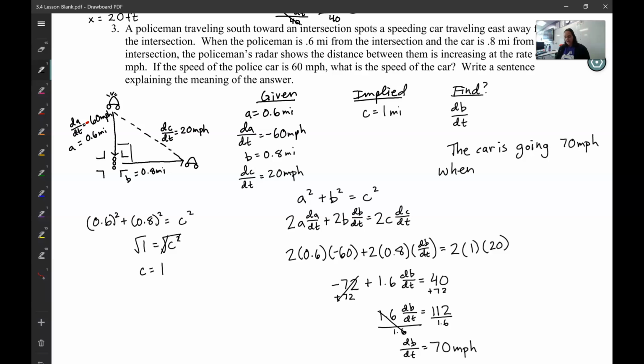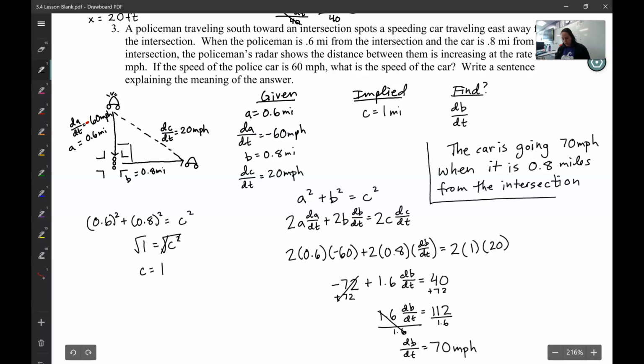So we're saying the car is going 70 miles per hour when it is 0.8 miles from the intersection. You could also say when it's a mile from the police car. When the police car is going 60 miles per hour towards the intersection. Something like that. Okay, there's that one.